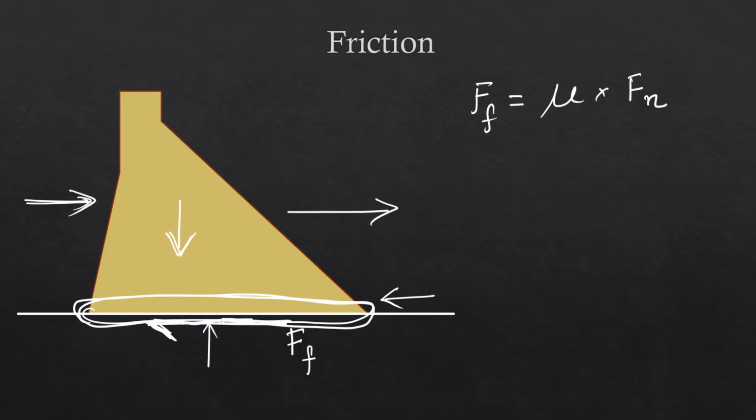This is because we know that the frictional resistance or the frictional force will be equal to some coefficient of friction and the normal force acting on the surface along the interface.